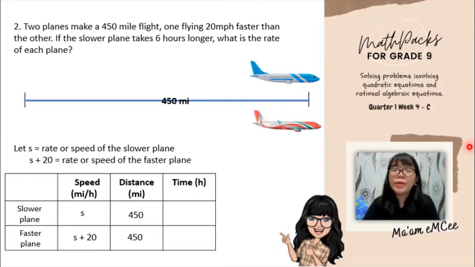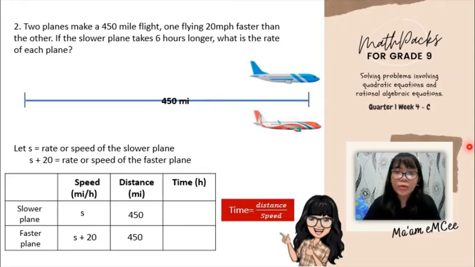We will get again the representation of our time. Time is equal to distance over speed. So for the slower plane, it's 450 over s. And for the faster plane, that is 450 over s plus 20.